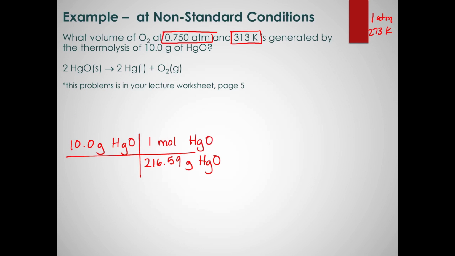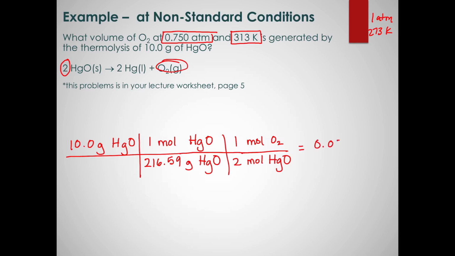And then we can use the mole ratio from our balanced chemical equation. We know for every 2 moles of mercuric oxide, we are making 1 mole of O2. Now we cannot use that 22.4 liters because we are not at STP. So we have to stop here. We will just convert to moles and stop.